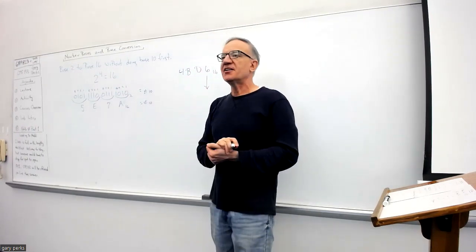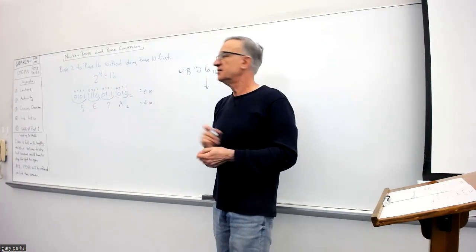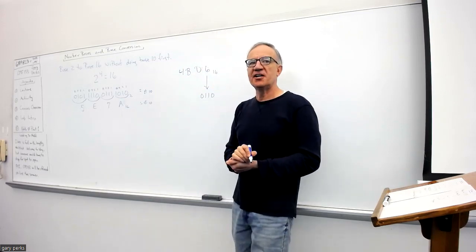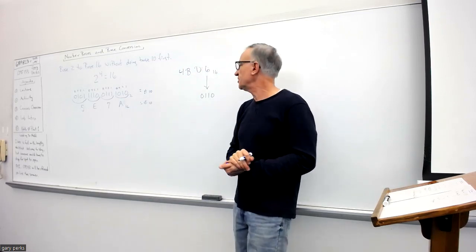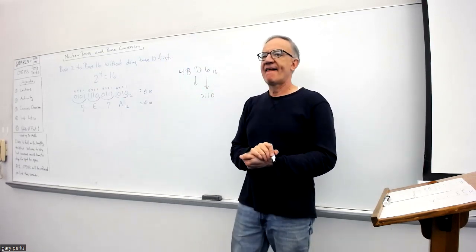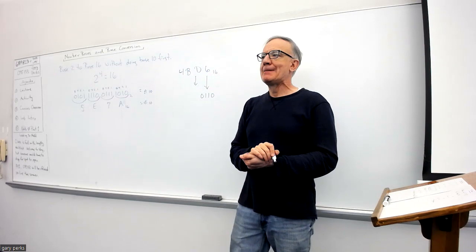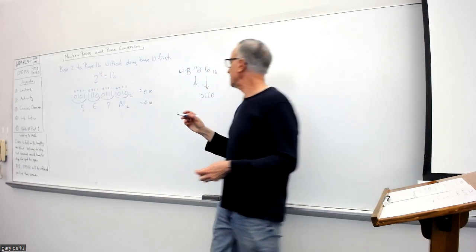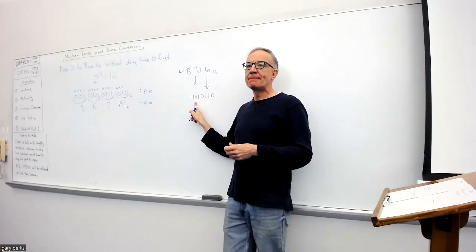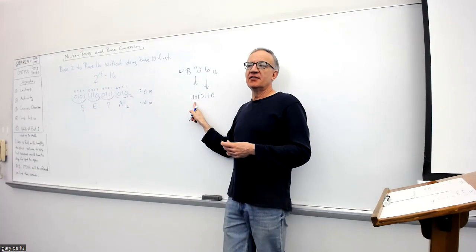So what's 6 in binary? 0110 is 6 in binary. It's going to be 4 bits. How about D? 1101. Everybody know why it's 1101? What is D equal to? 13.